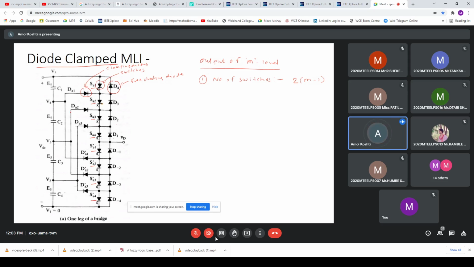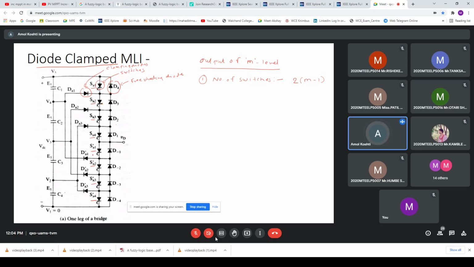Now this circuit diagram is of a 5 level diode clamp multi-level inverter. If our value of M is 5, then 5 minus 1 is 4, and 4 into 2 is 8. You can see SA1, SA2, SA3, SA4, and again SA1 dash, SA2 dash, SA3 dash, SA4 dash.